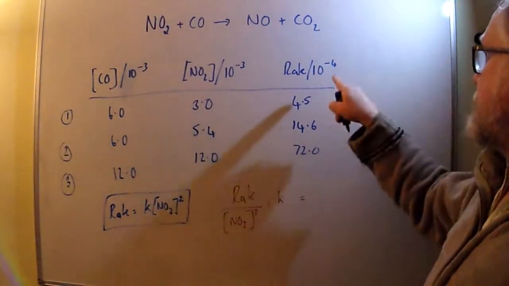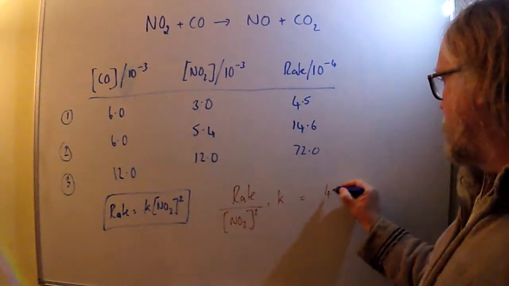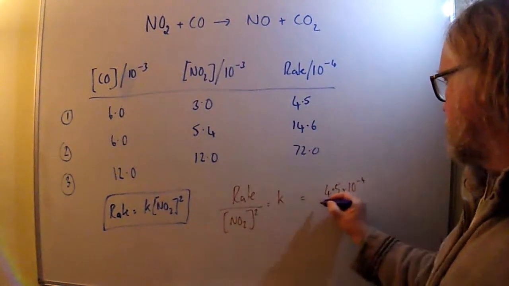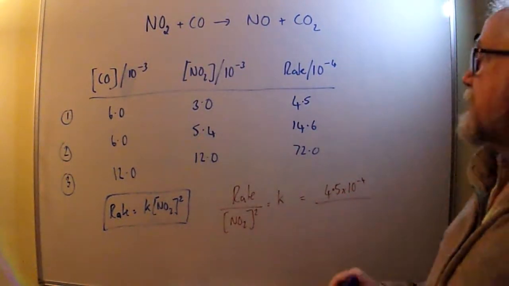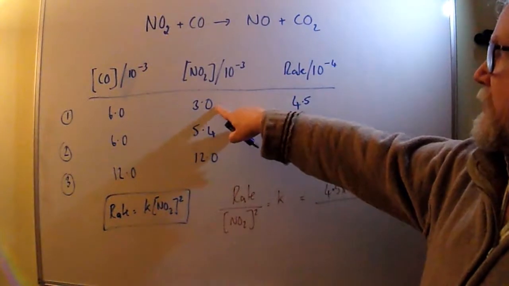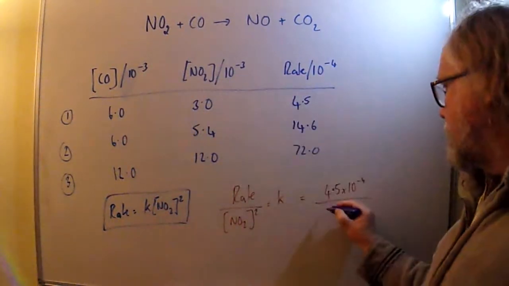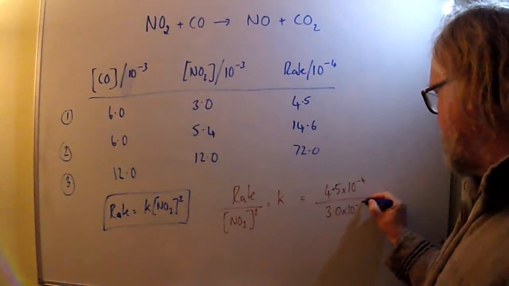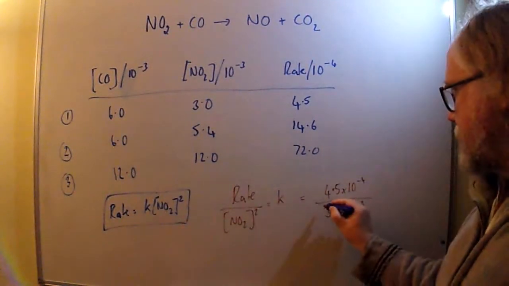So the rate is not just 4.5, it's 4.5 times 10 to the minus 4. And the NO2 concentration, again, is not just 3, it's 3 times 10 to the minus 3. And don't forget that it's got to be squared.